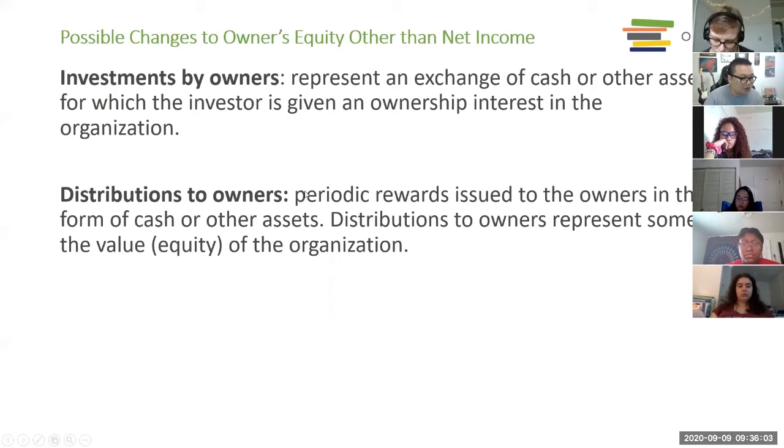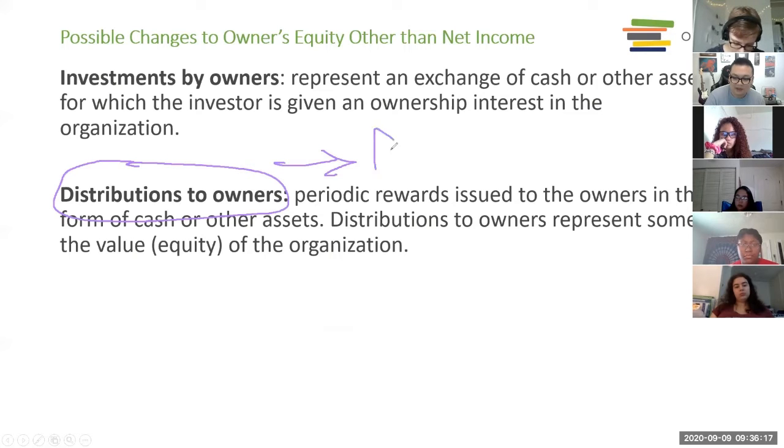If the company issues dividends, the company needs to pay the stockholders, then the total equity will decrease. The distribution to the owners, normally we are talking about dividends, represents some value leaving the organization. So the company needs to pay for that. It lowers the equity.